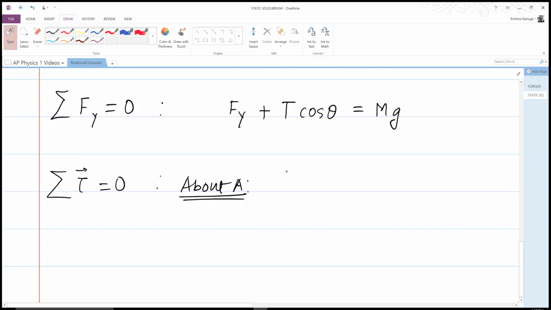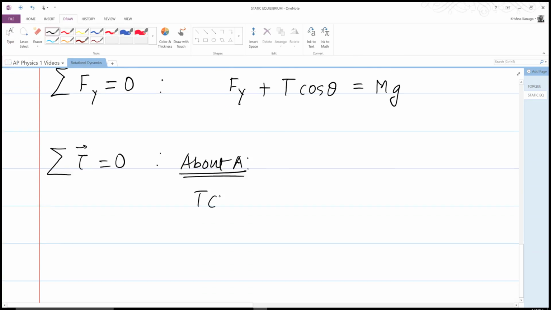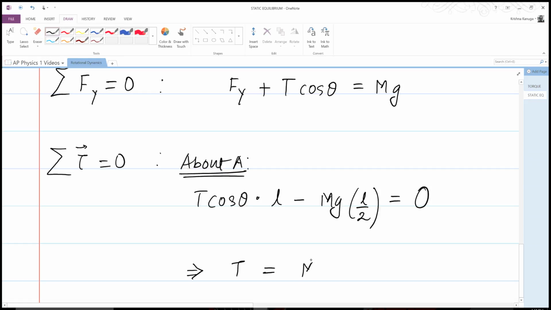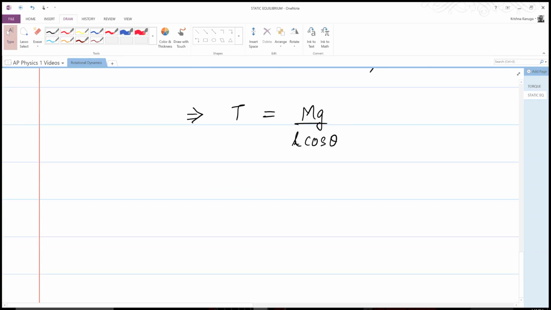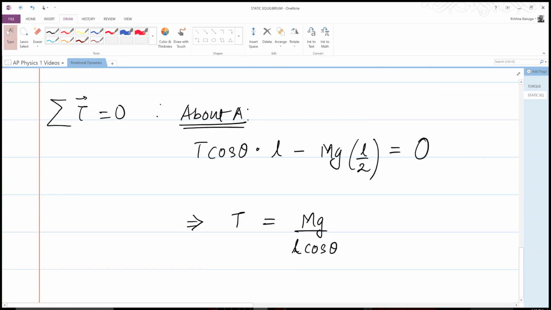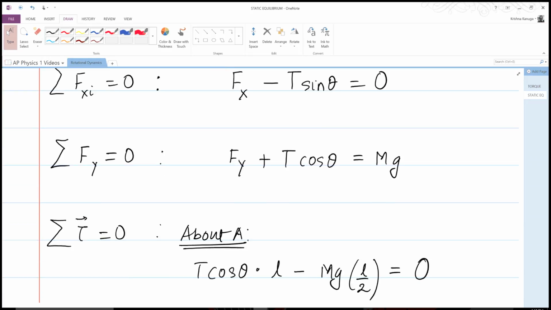So my net torque will end up being T cosine theta times L, the distance from the end, minus mg times L divided by 2, and all this is equal to 0. Right away, I can solve for T, and this gives me T is equal to mg divided by 2 cosine theta. Once I have T, I am now ready to calculate each of my individual things.